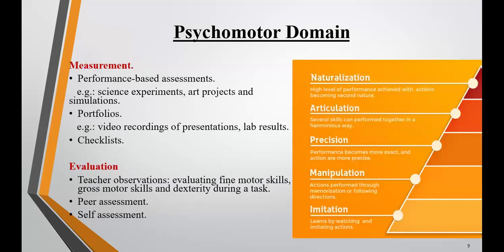Next, psychomotor domain. Acquisition of motor skills or some action which requires neuromuscular coordination is known as the psychomotor domain. Measurement methods: performance-based assessments like science experiments, art projects, simulations, portfolios, videos of presentations, lab reports, checklists.